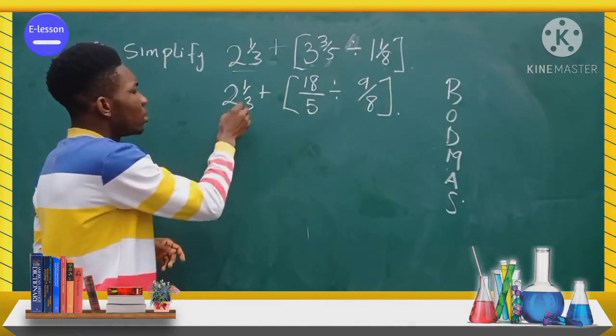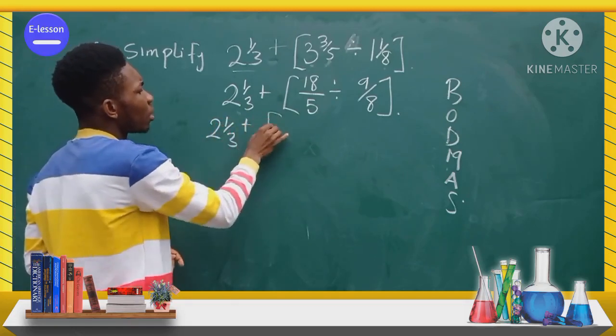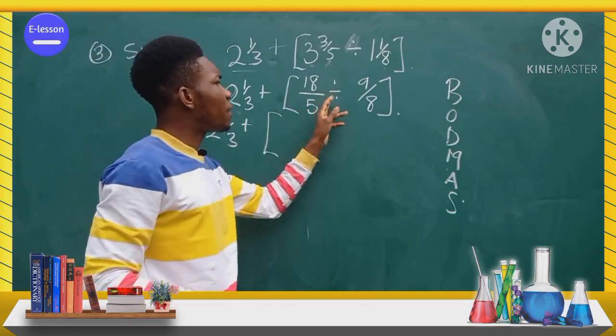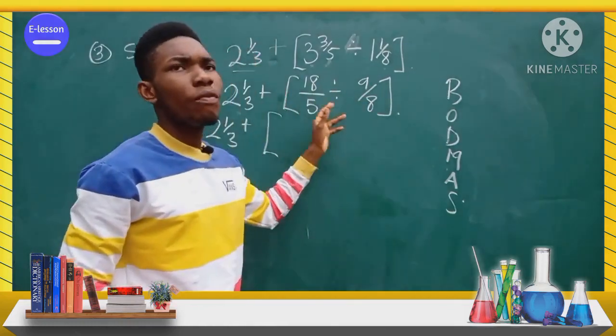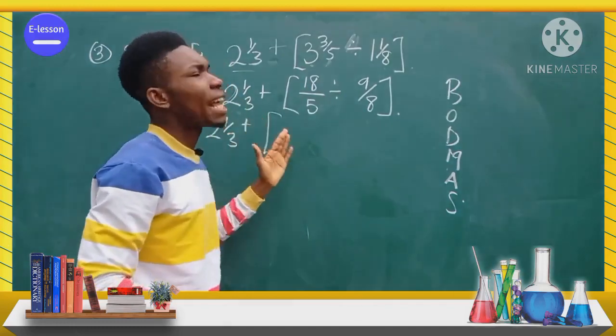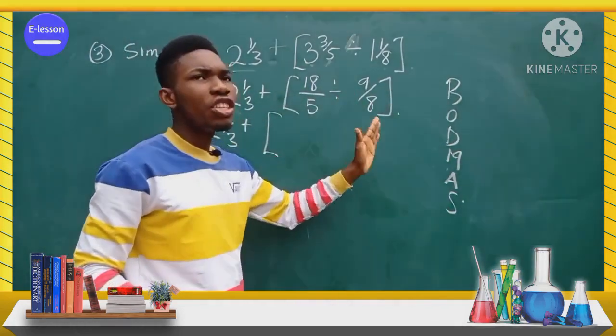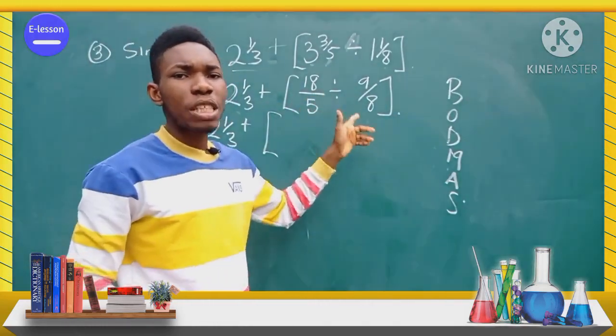Now this becomes 1/3 plus. Whenever you have division in between two fractions, the fraction at the left hand side remains, while that at the right hand side changes as you introduce multiplication.